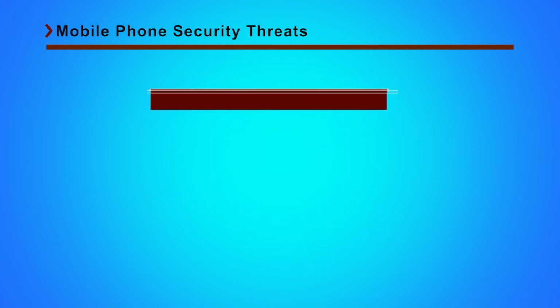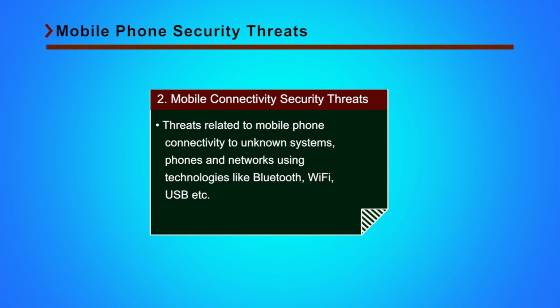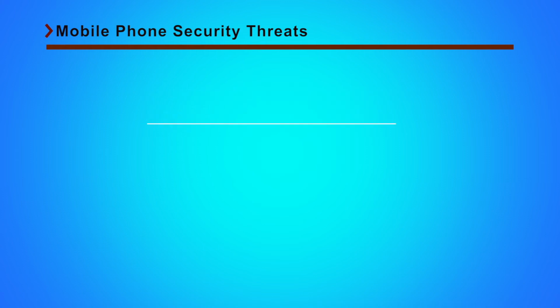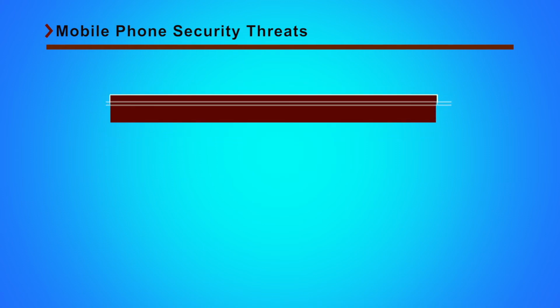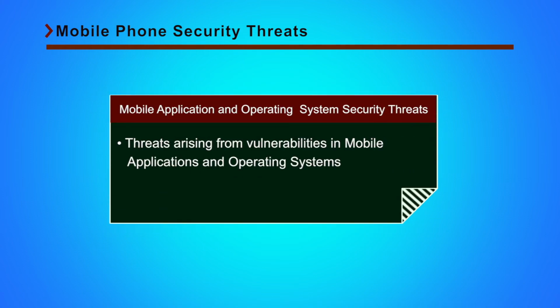Mobile connectivity security threats: these are the threats related to mobile phones connectivity to unknown systems, phones and networks using technologies like Bluetooth, Wi-Fi, USB, etc. Mobile application and operating system security threats: these are the threats arising from vulnerabilities in mobile applications and operating systems.